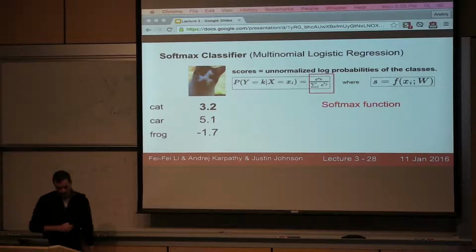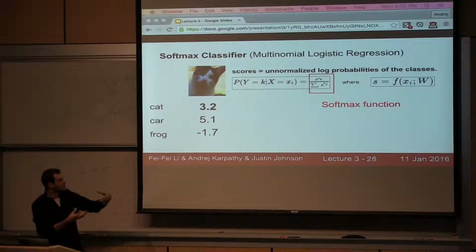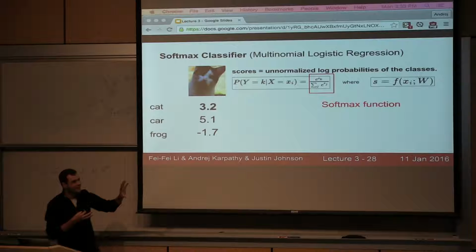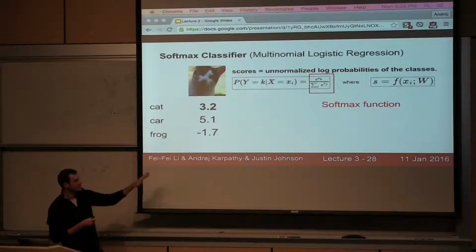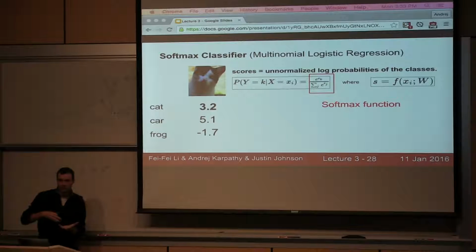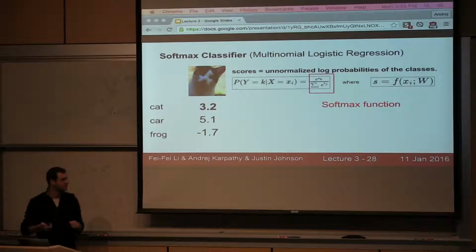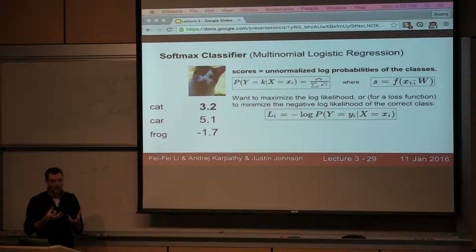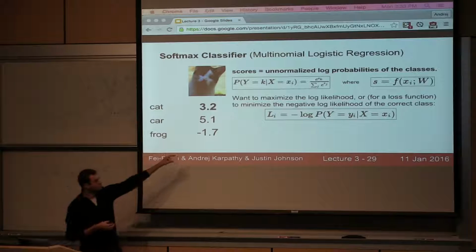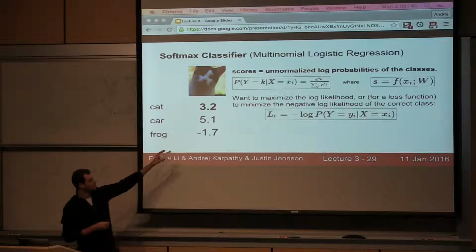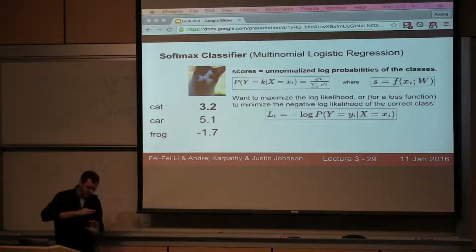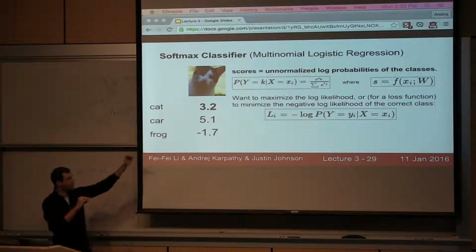Okay? In this probabilistic framework, where we decide that this is the probability of different classes, it makes sense to do what you usually do in this setting. We have a probability over different classes, and one of these is correct. So for the loss function, we want to maximize the log likelihood of the true class.